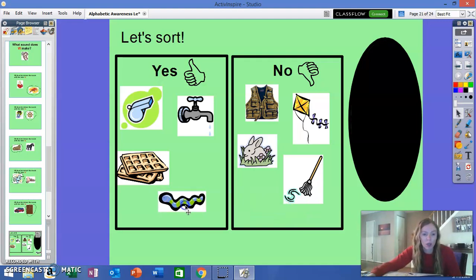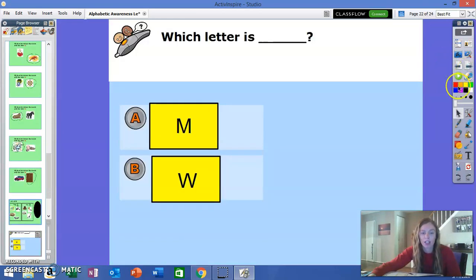Worm starts with W. Awesome job. So our last two things are some questions. So I want you to point to which one of these is the letter W. Go ahead and point. Awesome job. This is the letter W right here.